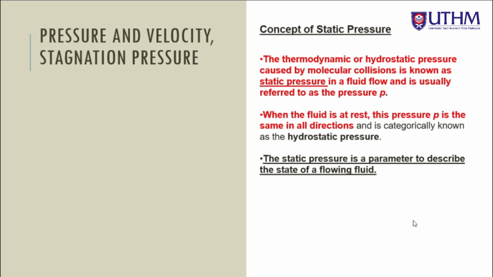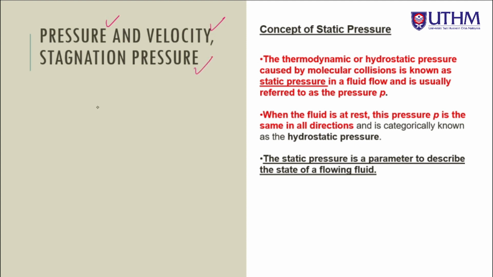Okay, so now we proceed with items related to Bernoulli equations. When we talk about Bernoulli, as I mentioned, it must be related to pressure, velocity, and one additional item, which is the stagnation pressure.